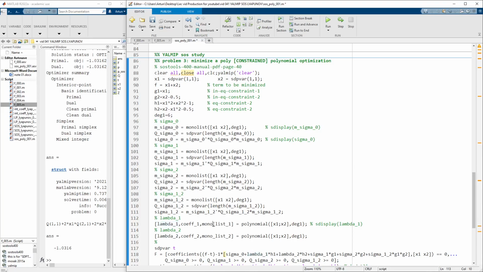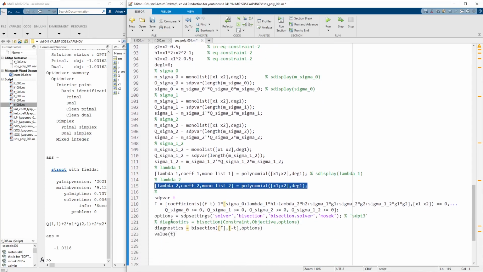For each polynomial and also SOS polynomial, you have a corresponding monomial list and also some coefficients. And the same thing you do for lambda 2.